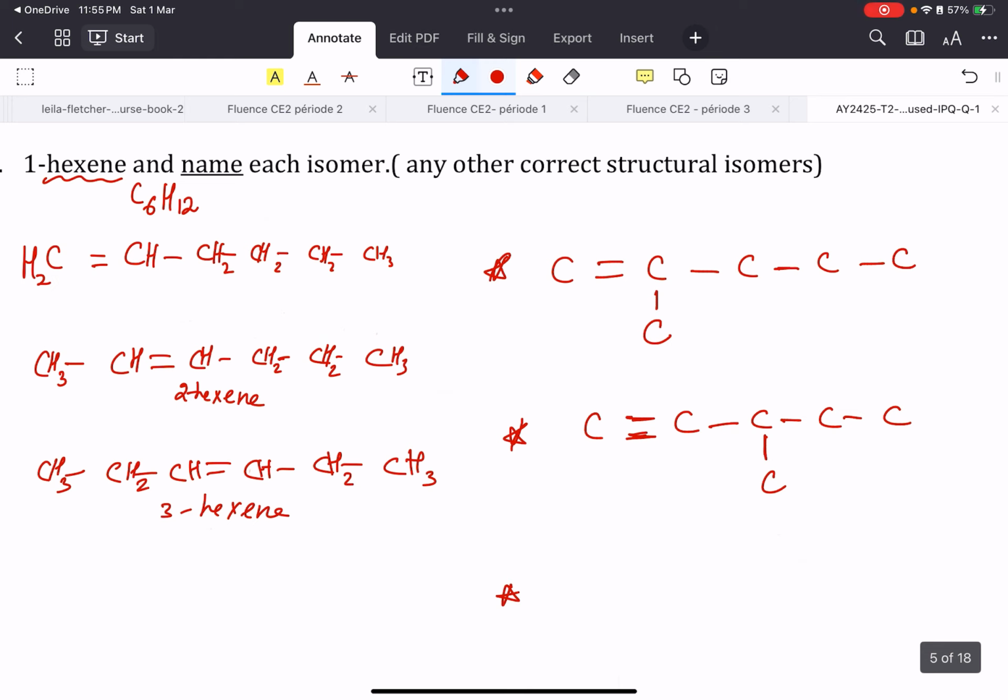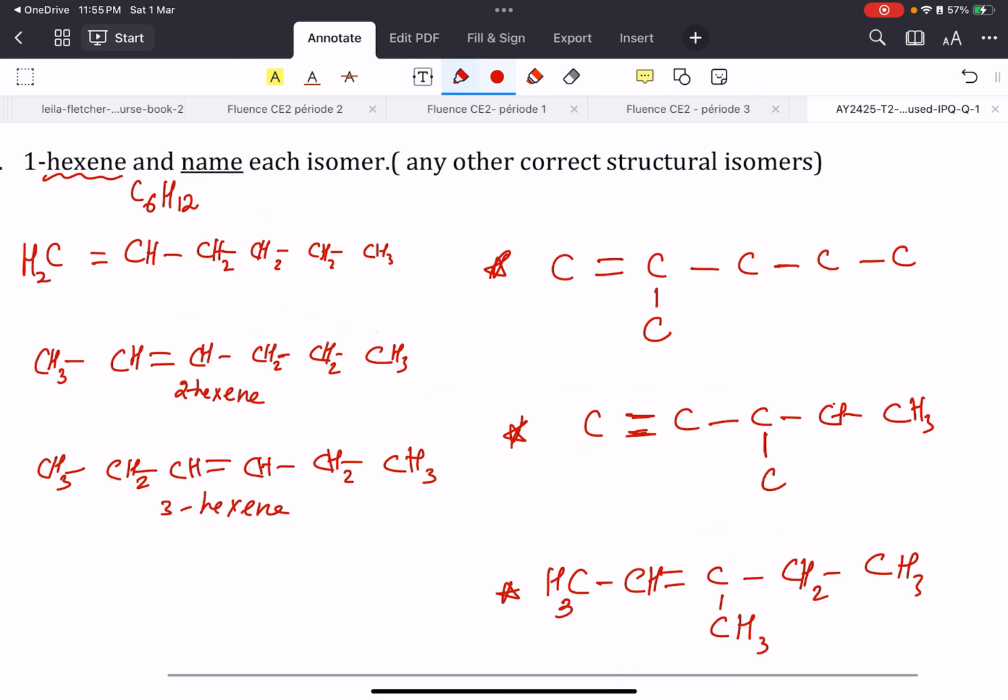Or I can make a double bond on the second and a branch over here. There are a lot of options when I have a larger carbon chain. So I am placing the hydrogens.